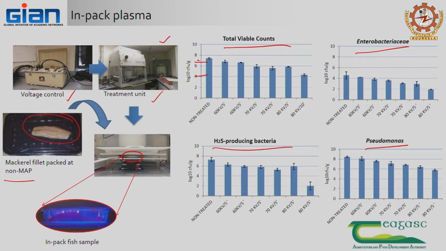So what is the difference? 7.5 to a maximum you get is 1 log. Where is the rest of the species? Why is it not inactivating? So inactivation in a model solution versus a real food system: chlorine can also give you 5 log if it is in water or in a saline solution.